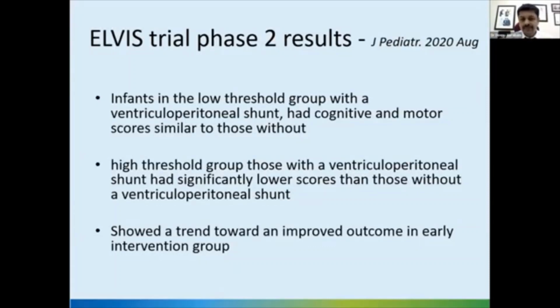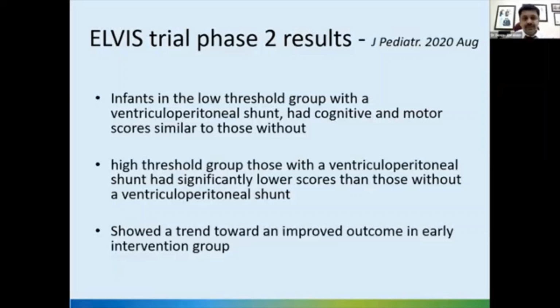But in the early intervention group, the outcome was very similar to those babies in the same group without needing a shunt. Whereas in the late intervention group, the babies who needed a ventriculoperitoneal shunt, at 2 years the neurological outcome was significantly worse compared to those who didn't need it.